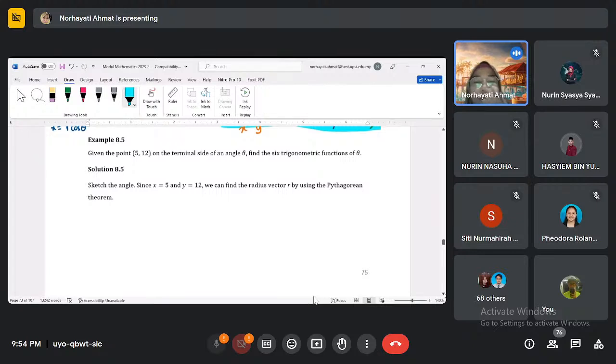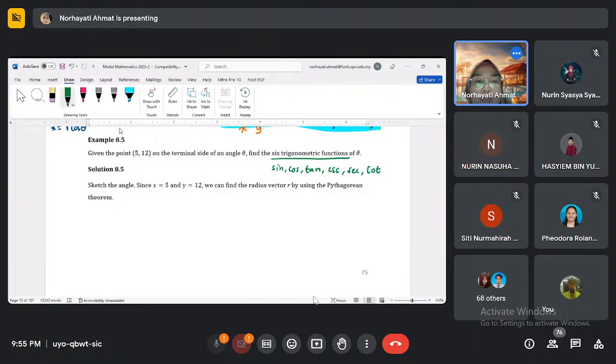We need to find sine, cos, tangent, cosec, sec and cot. So kita kena cari six functions. To find these, we need to draw the angle first.